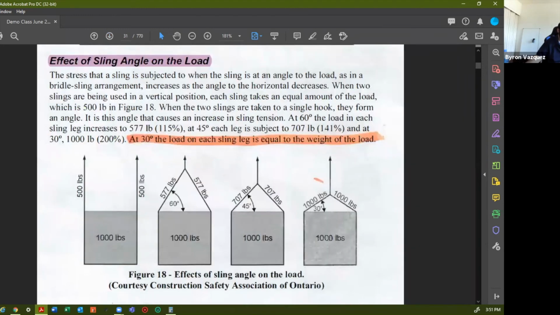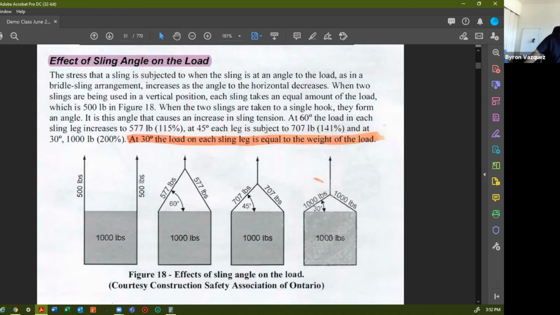So these are some examples of sling angles and what could happen if you don't use the proper sling angles. Okay, I'm not going to read this, I'm just going to talk about it. Here we have 1,000 pounds on the line. So we've got a crane picking up 1,000 pounds. If we have two slings and we're picking it up from its corners, we can take our load and divide it by 2 because we have two vertical slings.